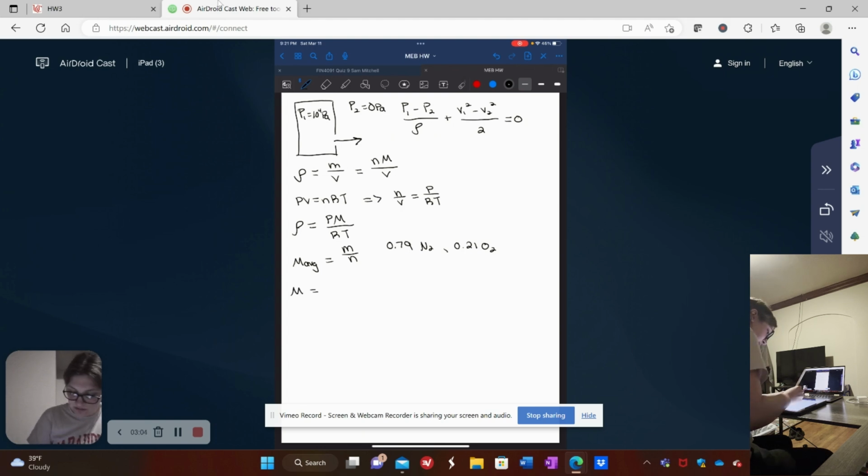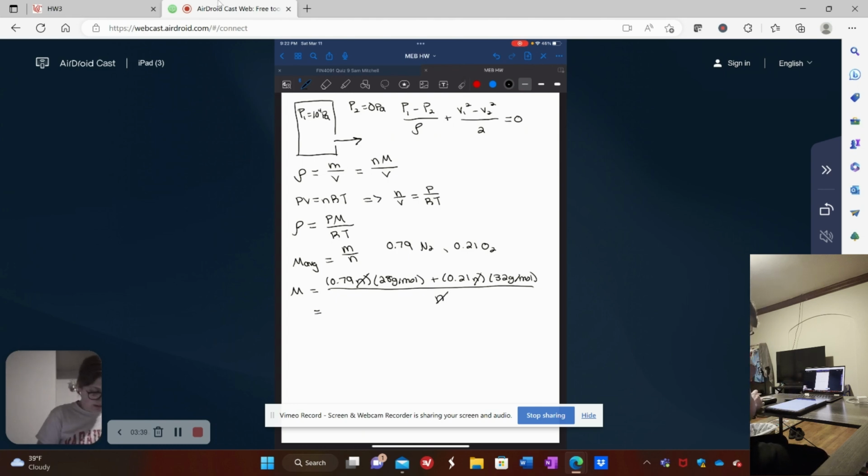So we will do 0.79 times the number of moles times the molar mass for nitrogen, which is 28 grams per mole, plus 0.21 n times 32 grams per mole, all over n. All of these n's will cancel out. Then we get 0.79 times 28 plus 0.21 times 32, which gives approximately 29 grams.